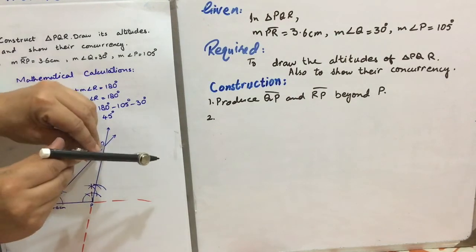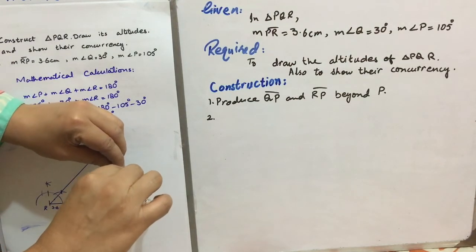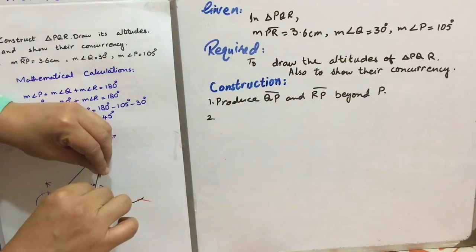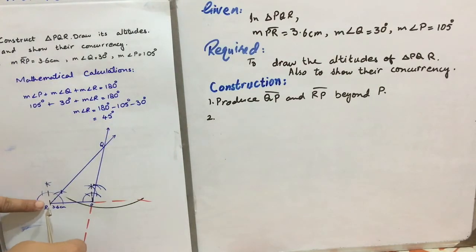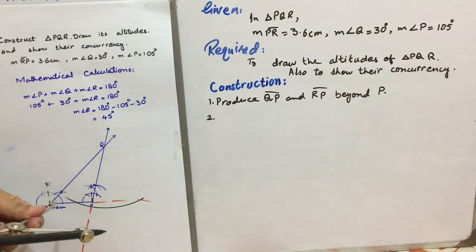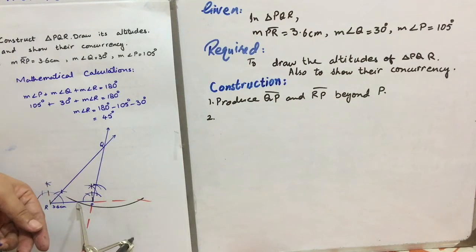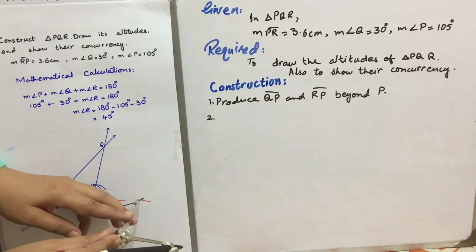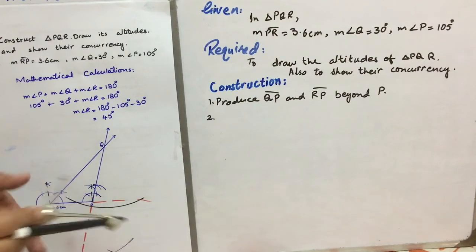Keeping the needle of the compass at point Q, mark an arc which cuts RP produced at 2 points. With the help of these 2 points, I will find another point.